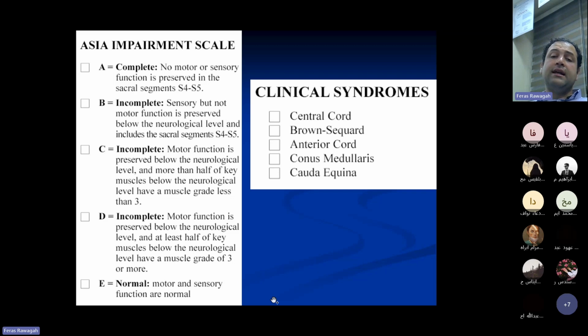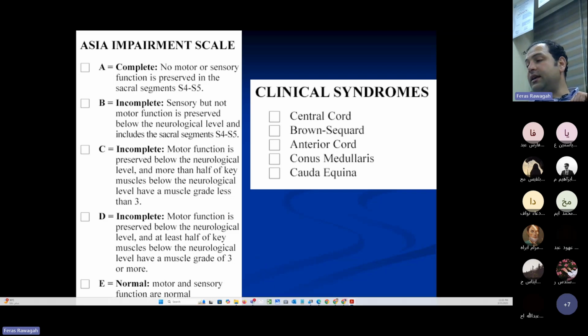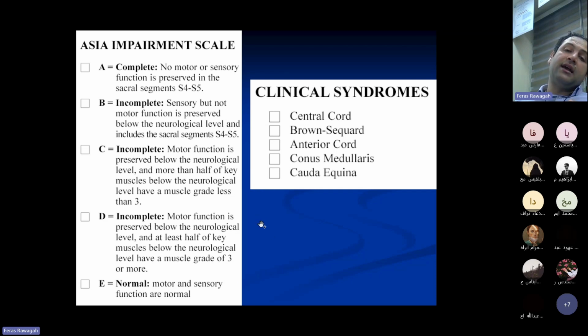Because power 3 makes a big difference in the disability and the function of the patient. For example, if the patient has a power of 3, this means that the patient can stand up. He can make a few steps, for example. But if the patient has 2, he cannot stand up. He is wheelchair bound or bedridden. Okay? So this is the classification.